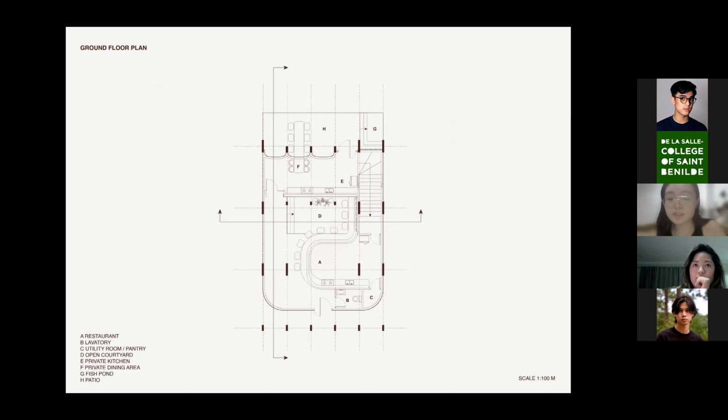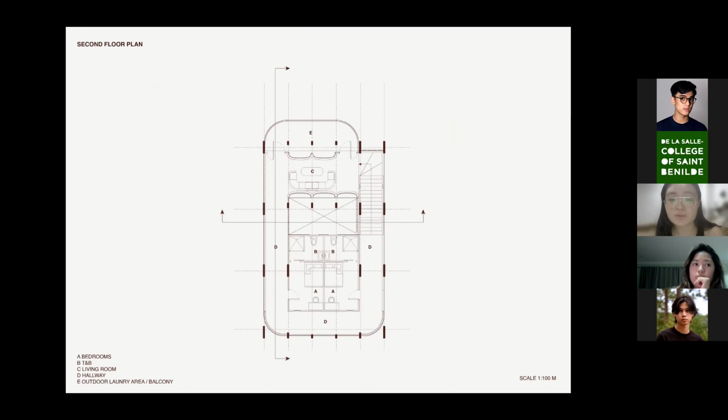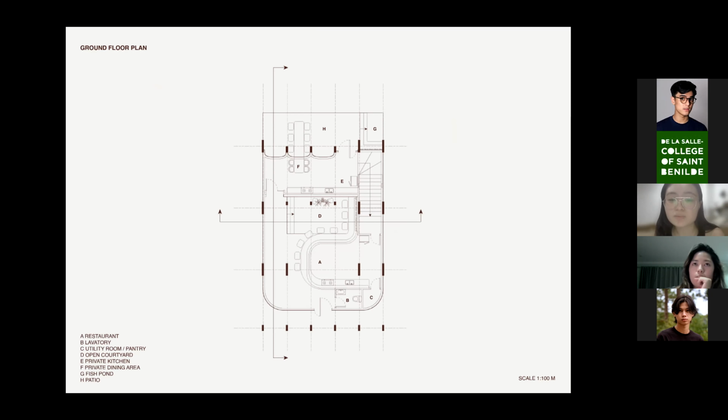So these are just our floor plans for the base iteration, the foundational iteration that we had. This is the ground floor plan, which integrates the actual restaurant for the street food, an open courtyard that connects to the airwell, and behind that is private access to the private dining and kitchen area of the owners or residents of the place.